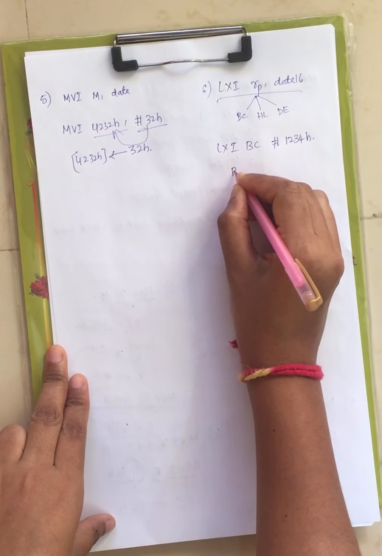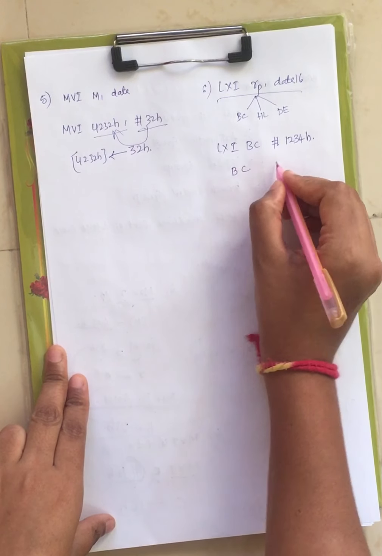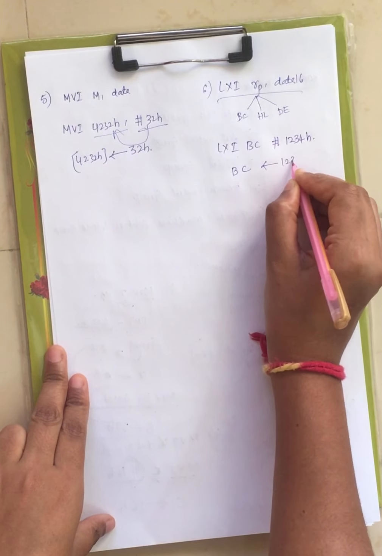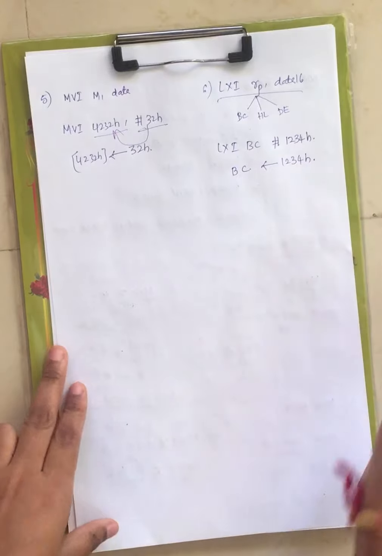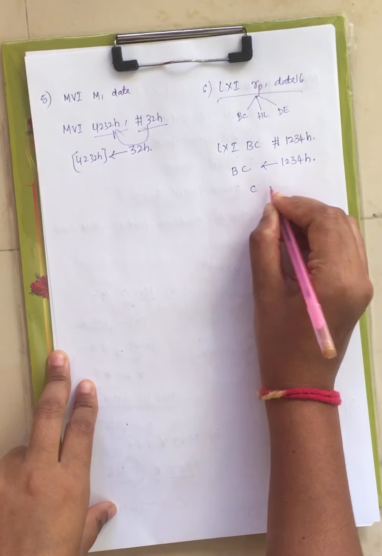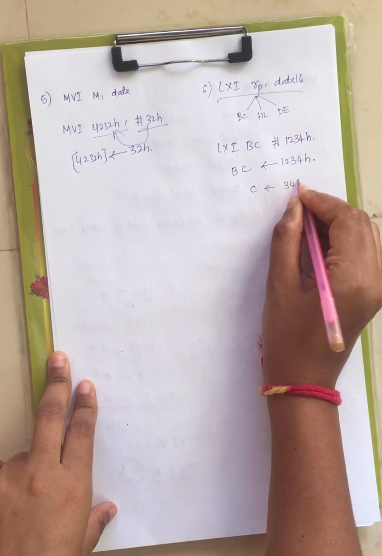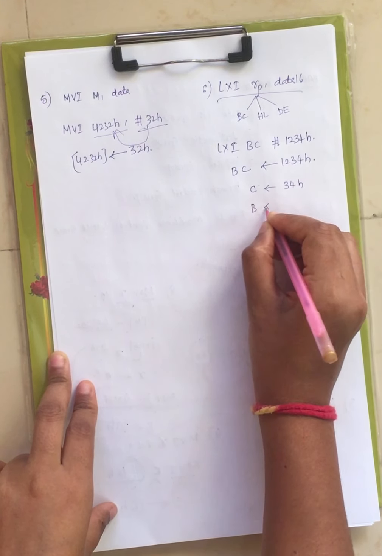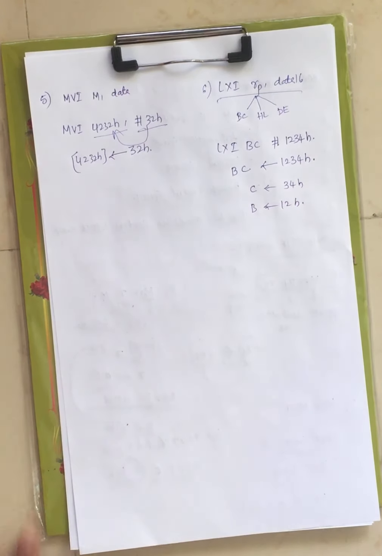That means the BC register pair is moved with 1234H. That means C is moved with 34H and B is moved with 12H. Individually, the lower byte of data is stored in C and the higher byte of data is stored in B.